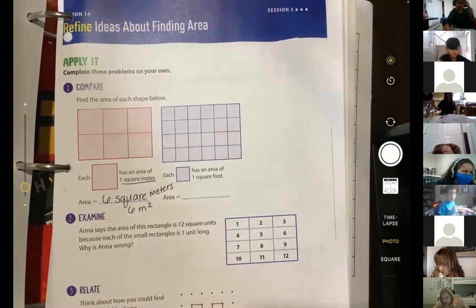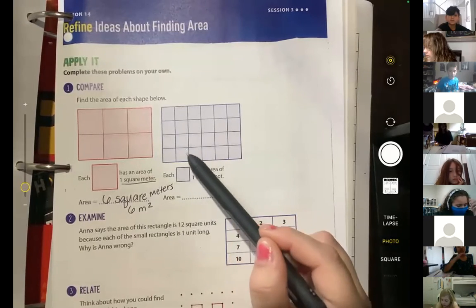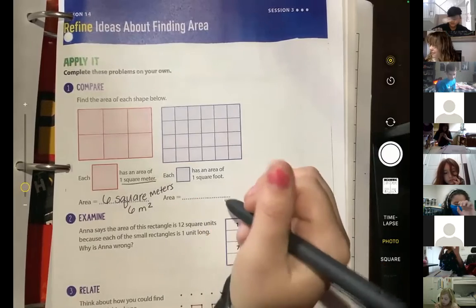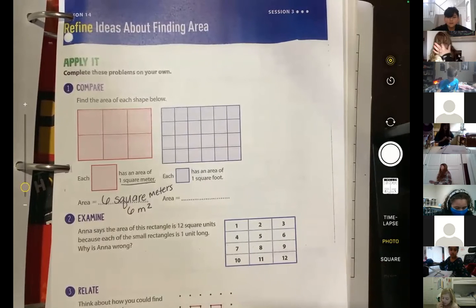Let's see. So now I will. Isaiah, did you want to do this one? There is 24 areas in this one. Good. Okay. Each one are 1 centimeter. Okay, so you measured, which I like that you got your ruler. That's good thinking.